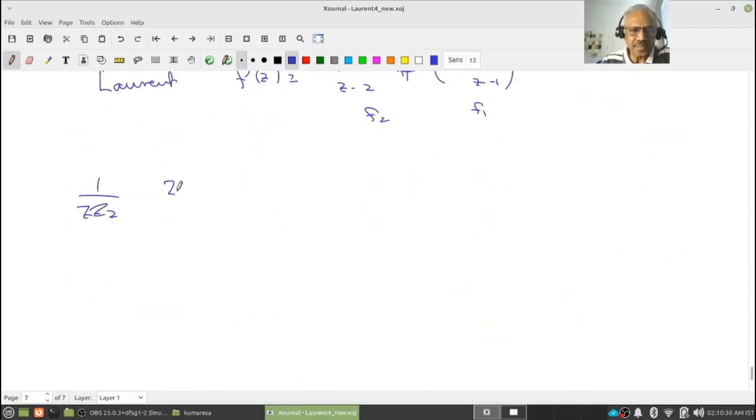Therefore let's look at z minus 2. I want z minus 1, therefore the obvious thing is z minus 1 minus 1. Now notice that mod z minus 1 is less than 1, therefore I can write this as minus of 1 minus (z minus 1).